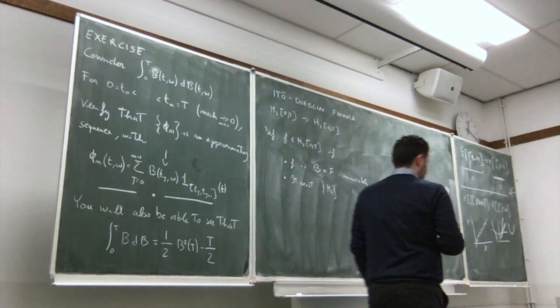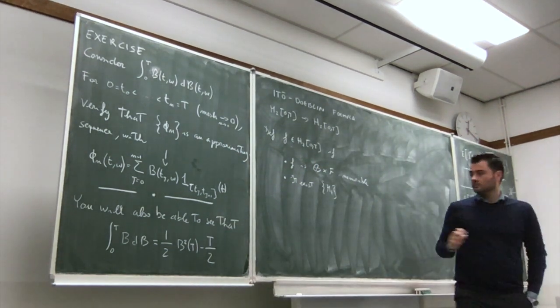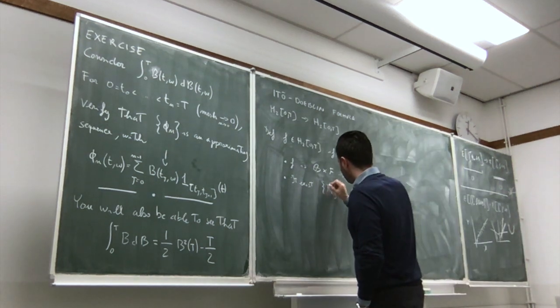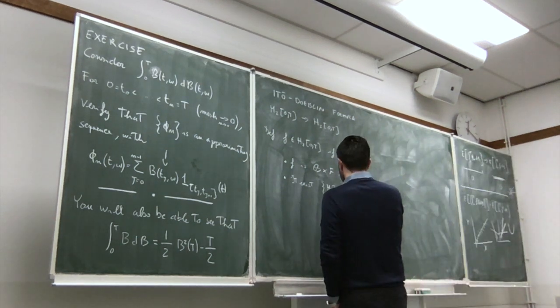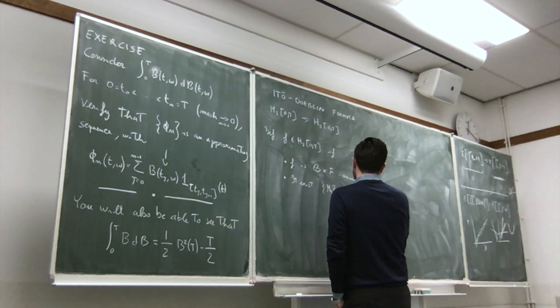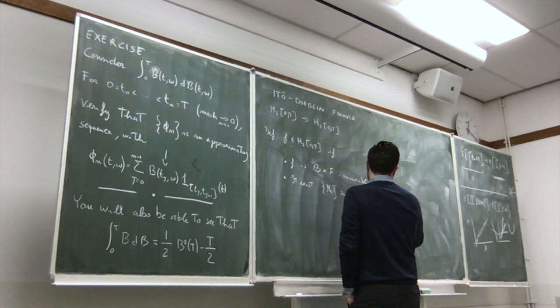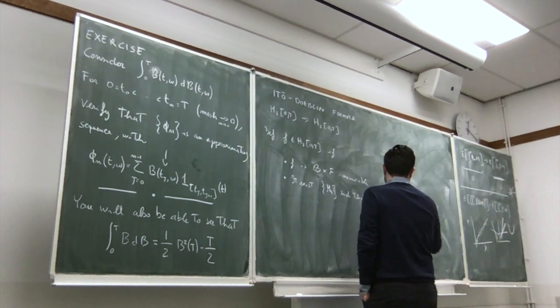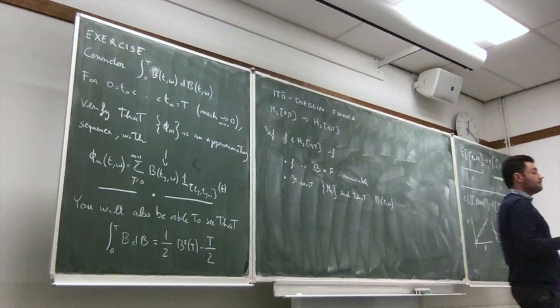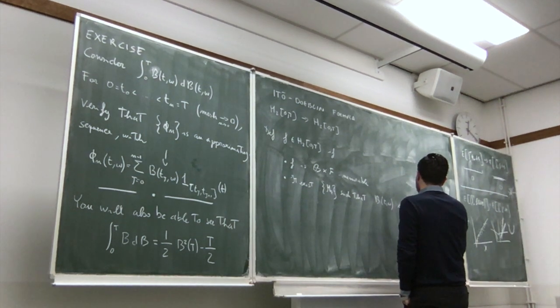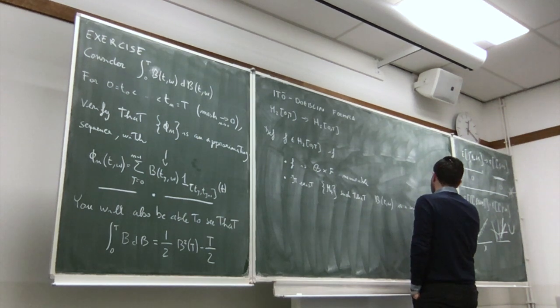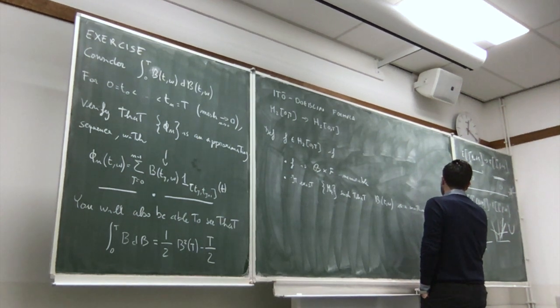a process M_t, so this is an M, like Mark, M_t, such that the Brownian motion B_t(omega) is a martingale with respect to it.